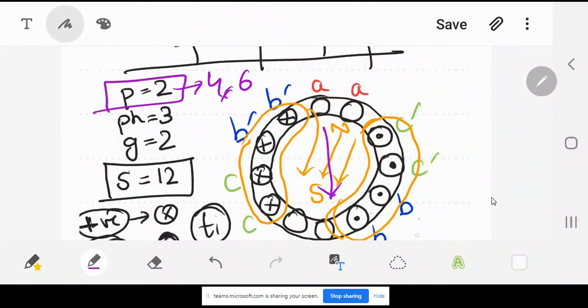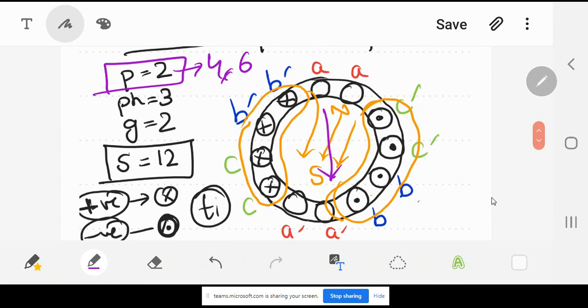These are actually pictorial flux diagrams, or you can call them flux diagrams.